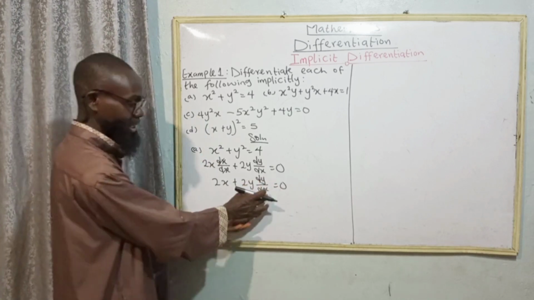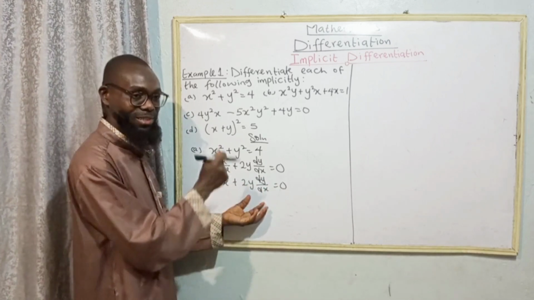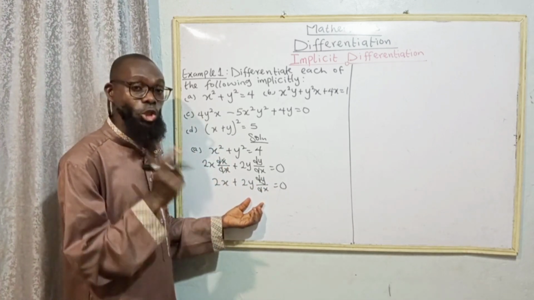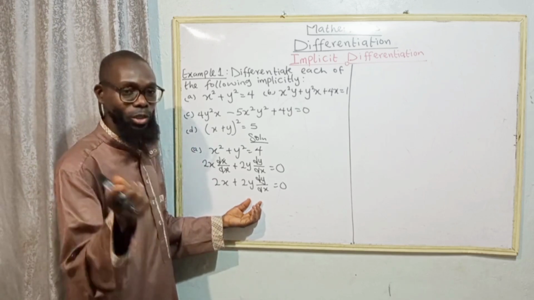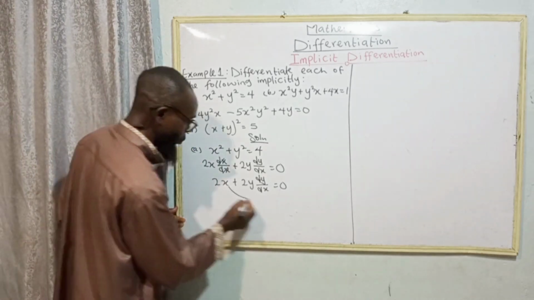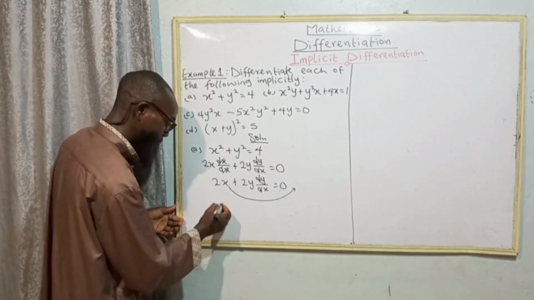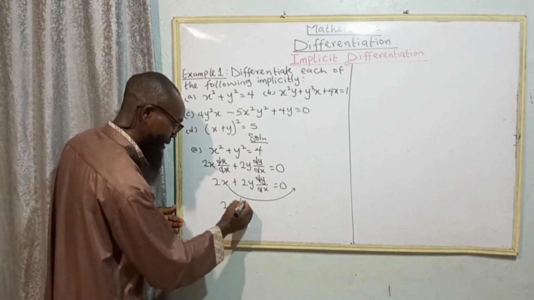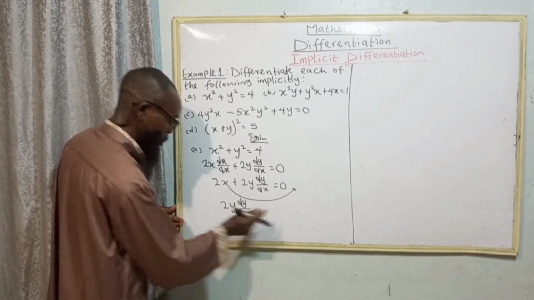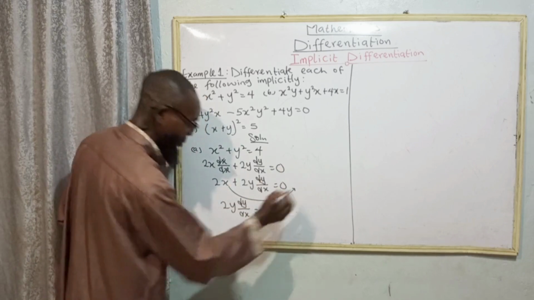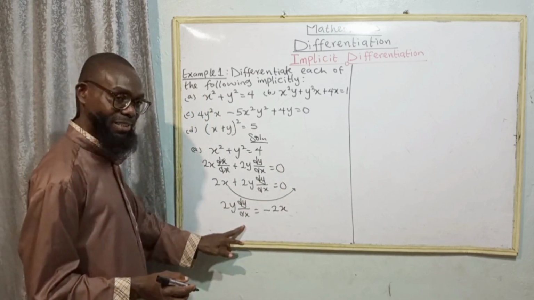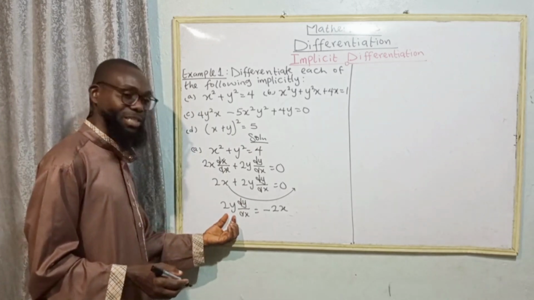Since dy/dx is what we need, and from our previous lessons, I always say the unknown should be on the left hand side, the known should move to the right hand side. This has to move to the right hand side. So we have 2y dy/dx is equal to, when plus 2x is crossing, it changes to minus 2x. Fine. We need our dy/dx, so we have to find a way of getting rid of 2y.